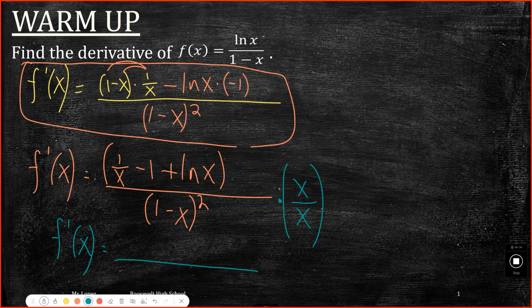Then you could distribute this x for the top, and then that's going to cancel out here. I'm talking about just this x right here. So that's going to give you 1 minus x, and then plus x ln x. And then the bottom would be x times 1 minus x squared.